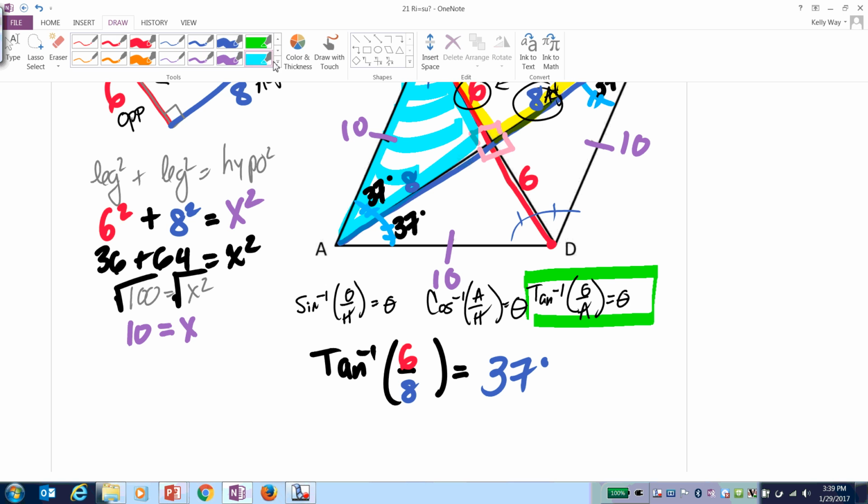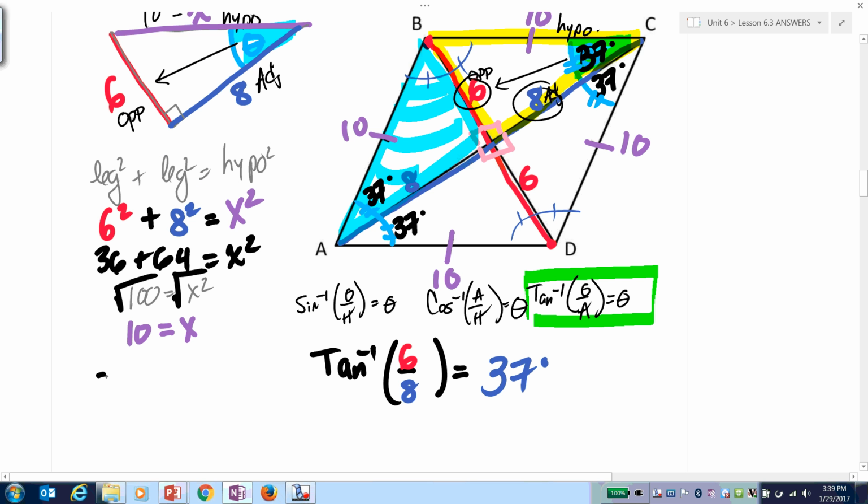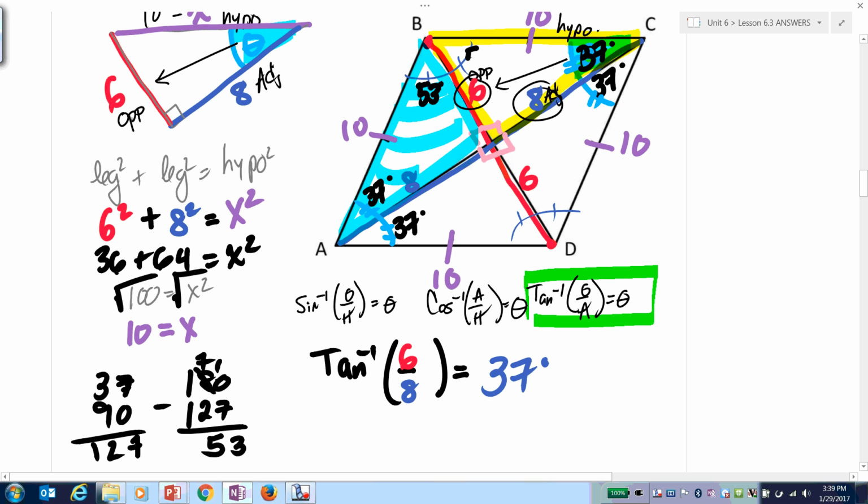So I'm going to add 37 and 90. I'm going to take that away from 180. And I figured out that this is 53 degrees.